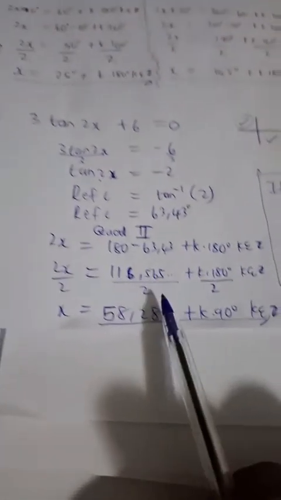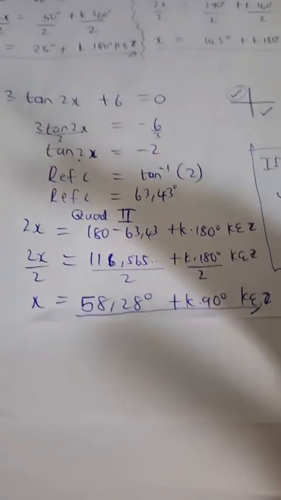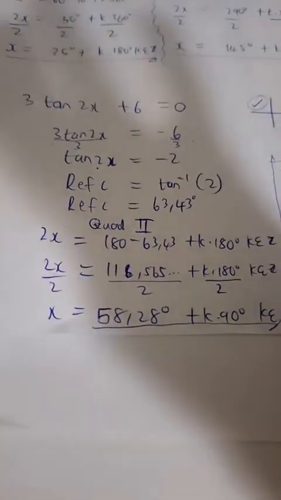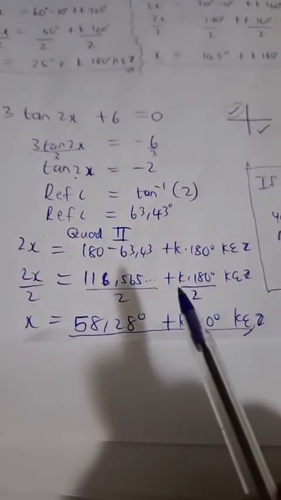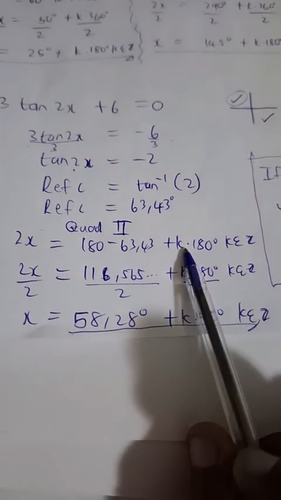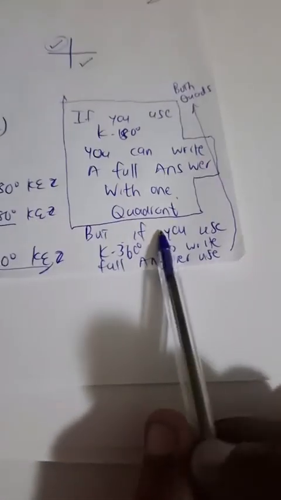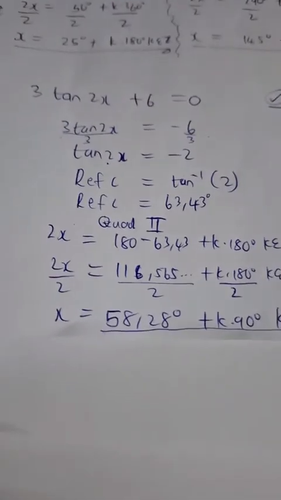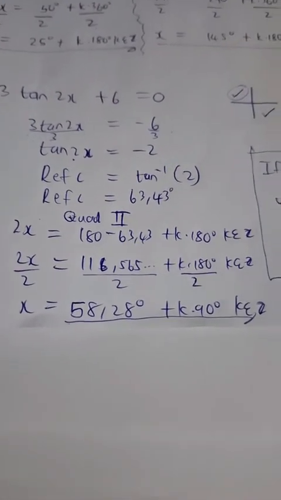One quadrant suffices and accommodates everything, as long as the period is 180 degrees. But if you had used the period 360 degrees, then you would have to accommodate both of your answers so that you can have a full answer.